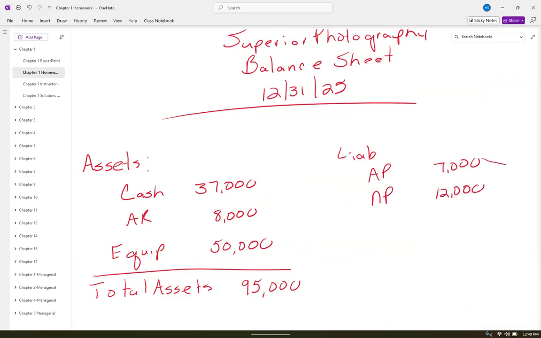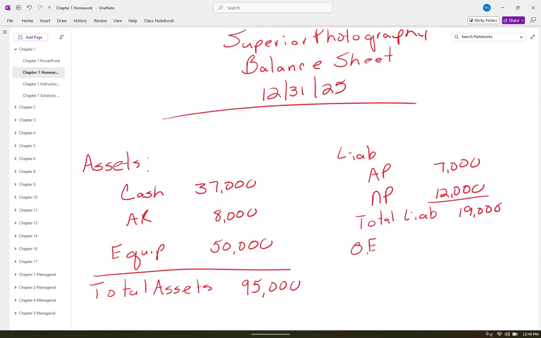So just over here in the margins, I'm going to total those up because that is 19. I got enough room. We can do a total liabilities of 19,000. Okay.